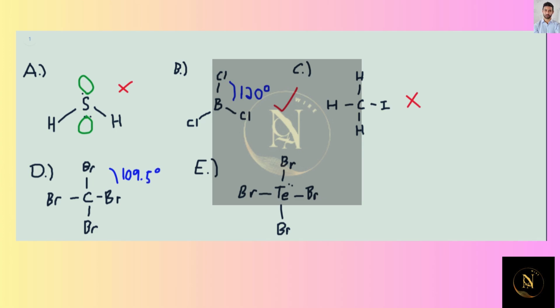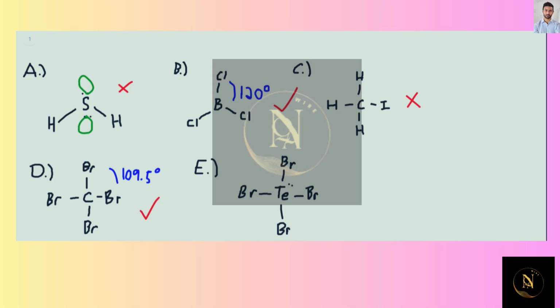If you're surrounded by four electron domains, that gives you an electron domain geometry of tetrahedral, and in this case, if there are no lone pairs, that gives you a molecular geometry of tetrahedral as well. So I can be confident that these all have 109.5 degree bond angles, because this is a perfectly tetrahedral molecule.